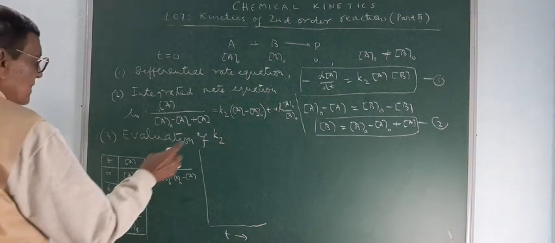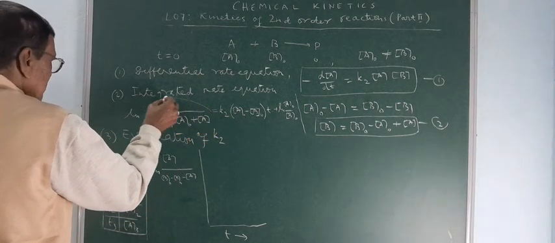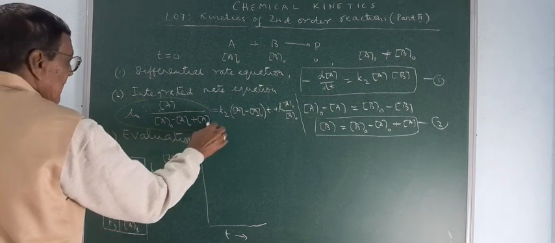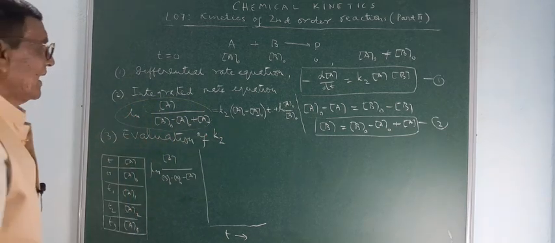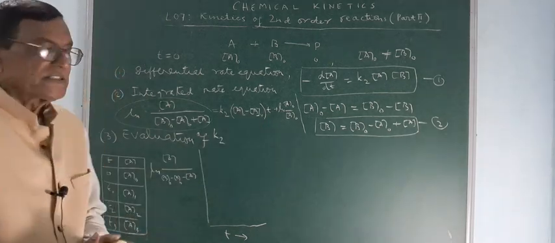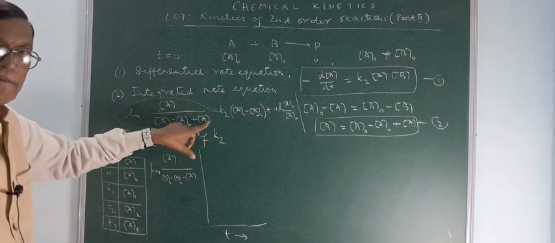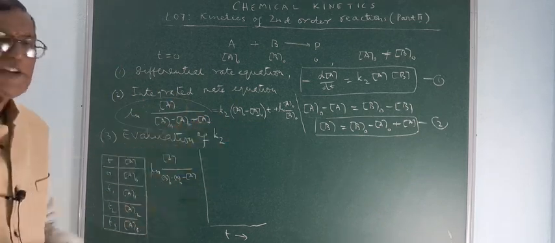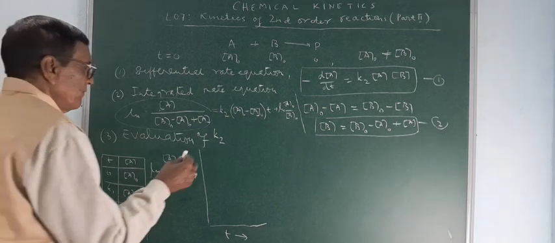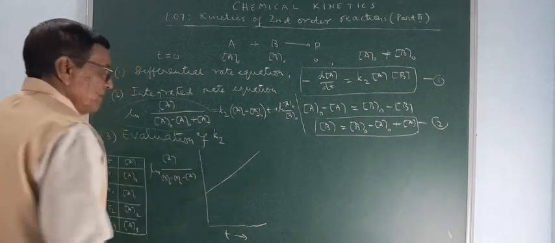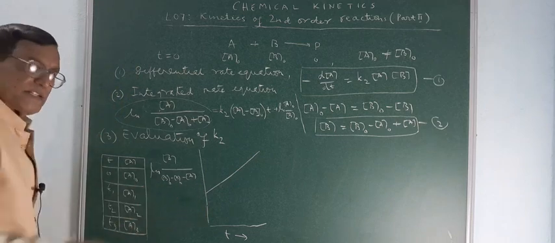So the left hand side is plotted along the y-axis, and t is plotted along the x-axis. T is the independent variable and this part is dependent, as A depends on the value of t. So we have a straight line having some intercept.